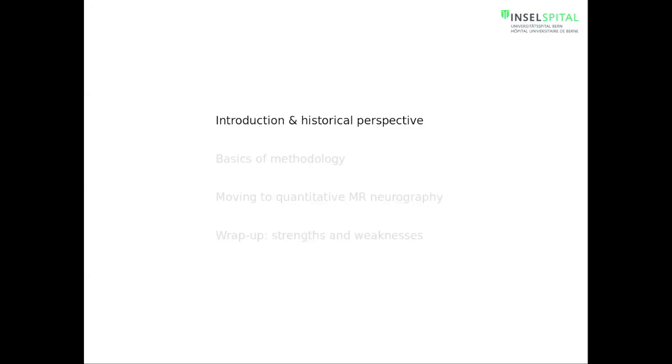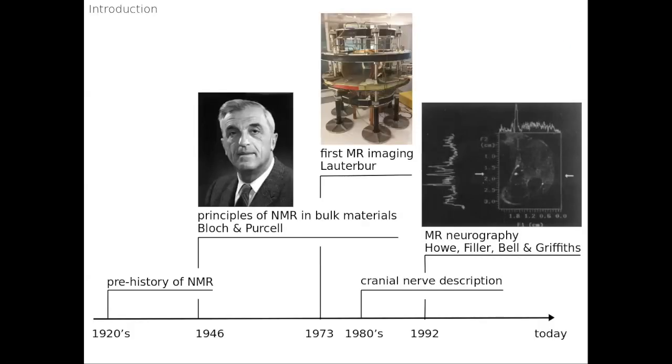If we look at the developments of MR neurography since the beginning of MR, with the prehistory of MR in the 1920s, and the first MR imaging then in the 1970s, we see that around the 1980s we have the first peripheral nerve descriptions in MR, which were actually the cranial nerves, as a byproduct of cerebral imaging.